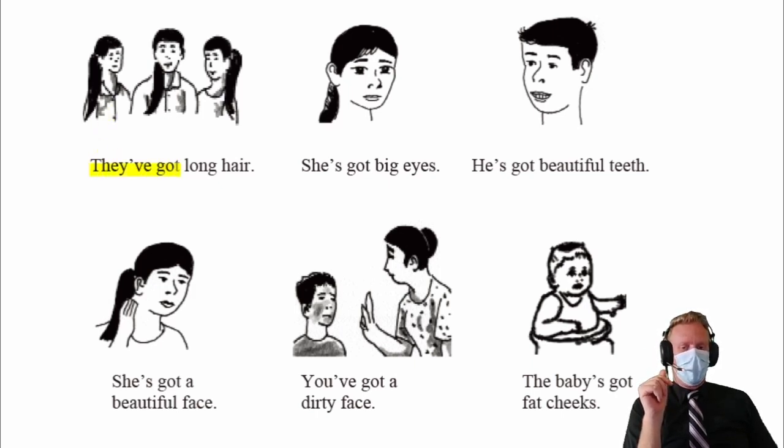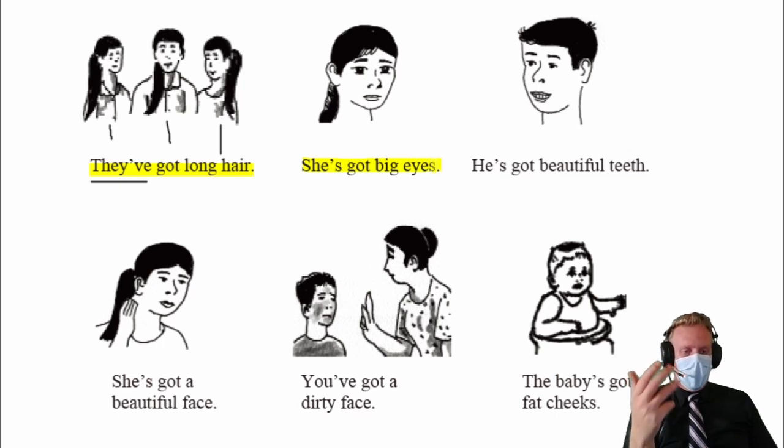They've got long hair. Right, we use they've, they have, because we have 1, 2, 3 people, right? So they have got long hair. Right, let's take a look at the next one. She's got big eyes.